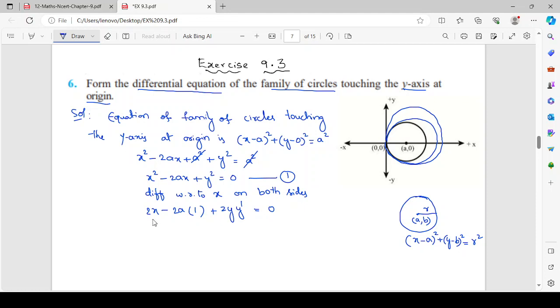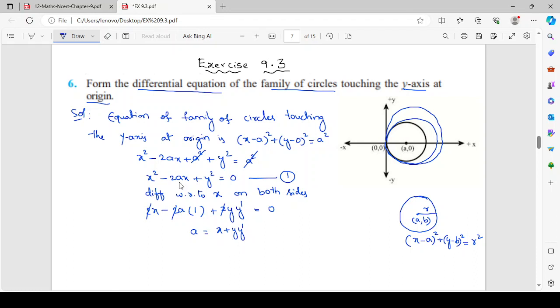Now you can clearly see each term on the left hand side has 2 as a common factor. Taking that common, 0 by 2 is 0. Now minus a, if I send to the other side, becomes positive a, and the left hand side is left with x plus y dash. So can you see, the arbitrary constant I am able to write in terms of x and y dash itself.